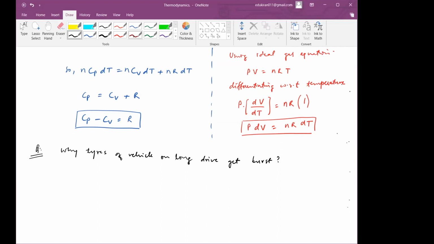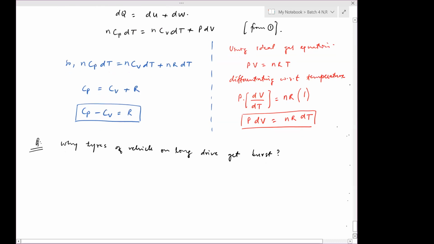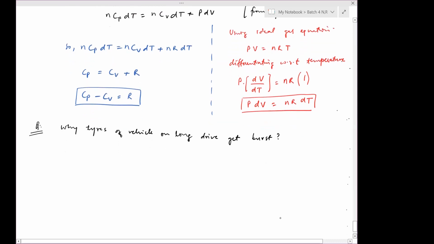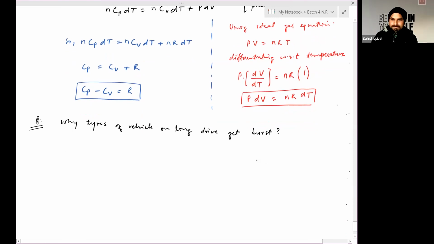Due to friction, heat is evolved. Then pressure will increase due to increasing temperature. Good. On traveling on the road, there will be friction between tires and road, due to which there will be production of heat, which tends to increase the temperature.